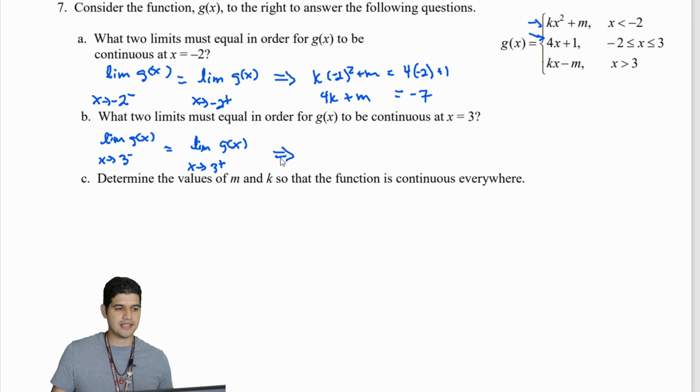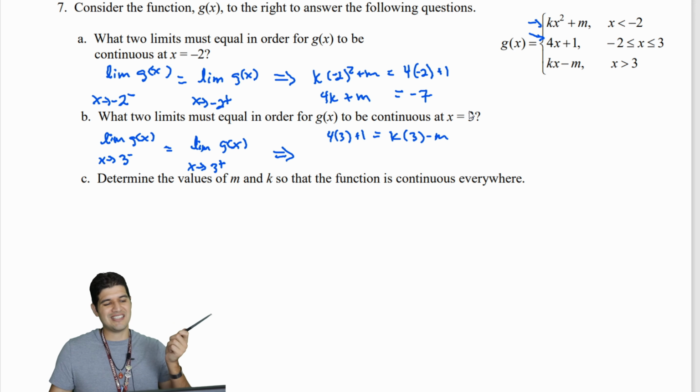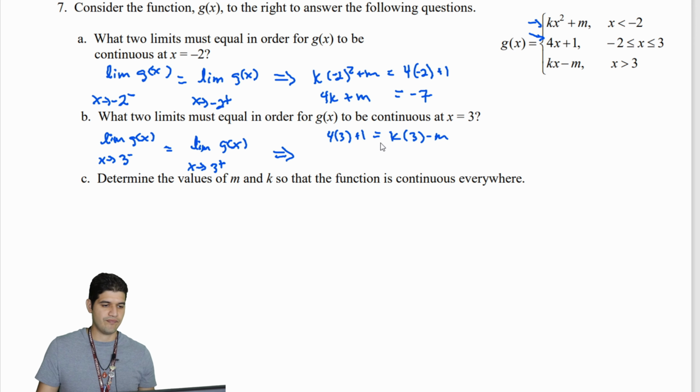So from the left-hand side, we substitute 3 in. So 4 times 3 plus 1 must equal k times 3 minus m, getting it from that piecewise defined function up above. Let's simplify this. I get 12 plus 1, that's 13, and I get 3k minus m.